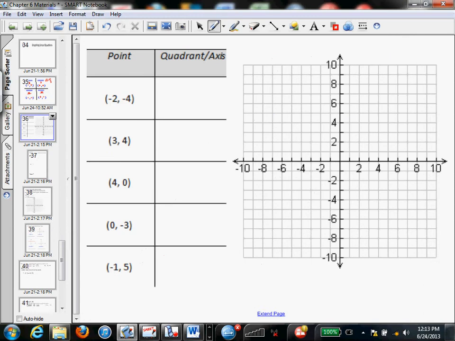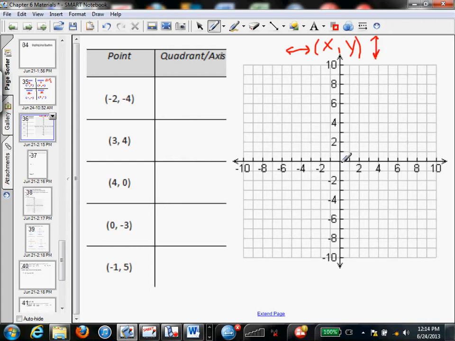Let's do some application of what we just learned. Okay, we're going to plot some points. We have -2, -4. So since we have our values for x and y, remember our rules where x is horizontal movement and y is vertical.